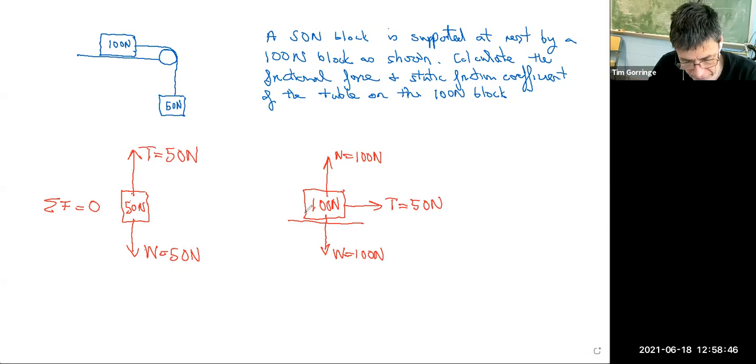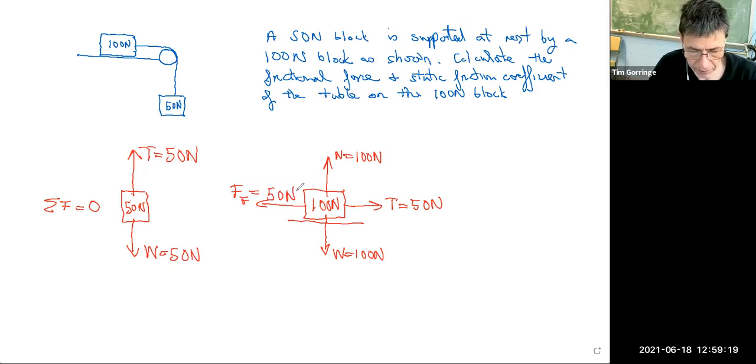And then finally, there's a friction force between the tabletop and the block. That friction force is opposing the motion. So it's opposite the direction of the tension force, which is trying to move the block towards the right. The friction force is pulling towards the left. And if the block's again in equilibrium, that frictional force, I'll call it F, subscript F, for friction, must be 50 newtons also.